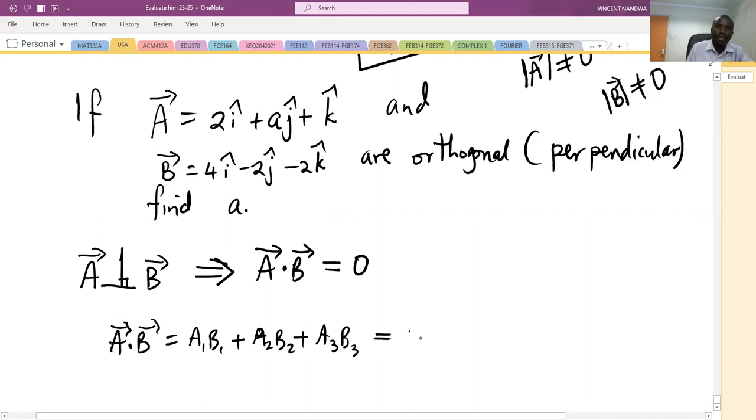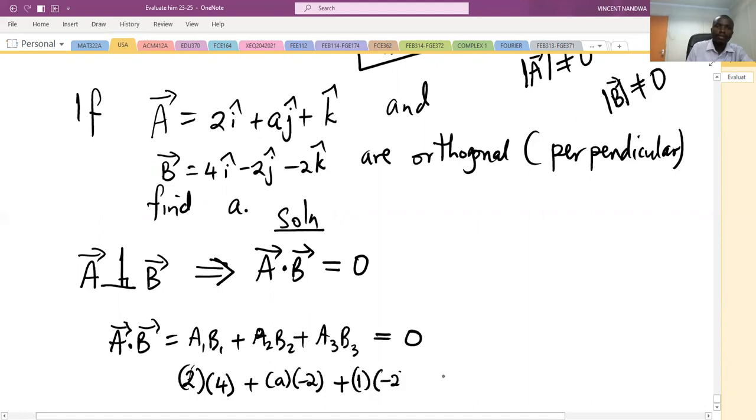So this should give us zero from definition. So this is the solution. A1 is 2, B1 is 4, A2 is a, B2 is minus 2, A3 is 1, B3 is minus 2. So this would give us 0.